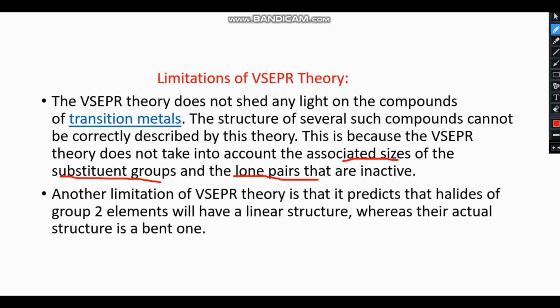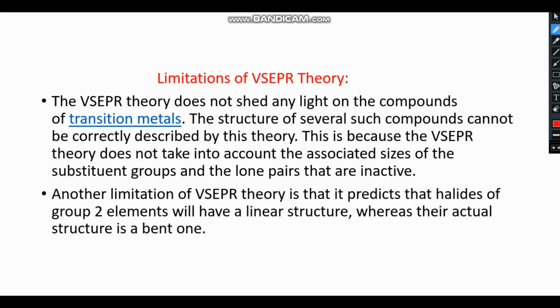Then the second one is this theory does not take into account the lone pairs that are inactive. So because of these two factors, this theory cannot be used to predict compounds with metals under transition metals.